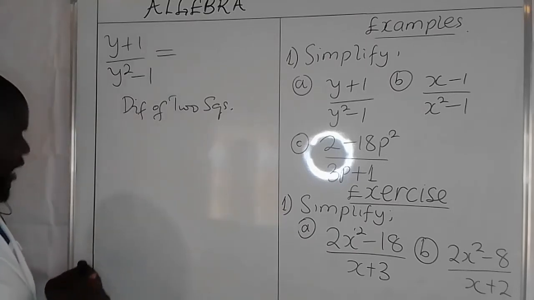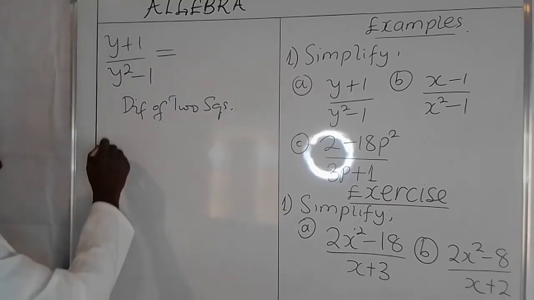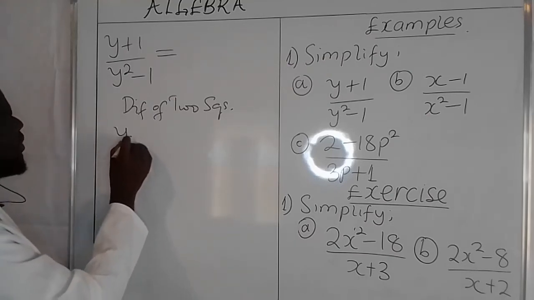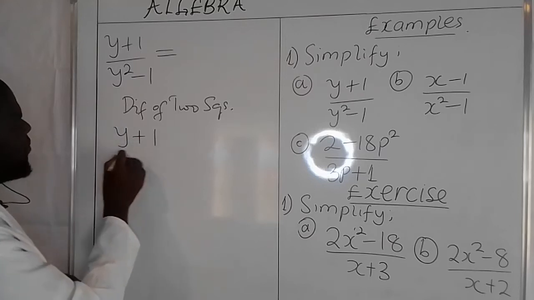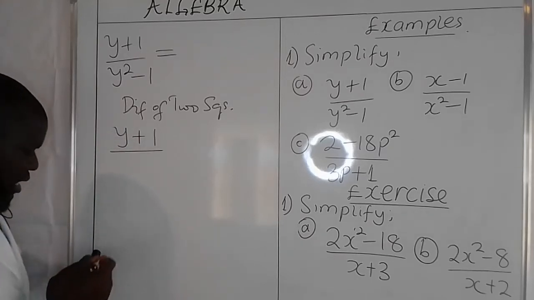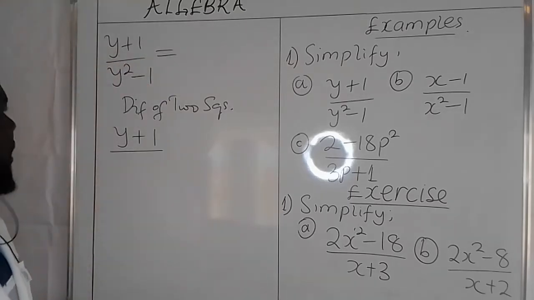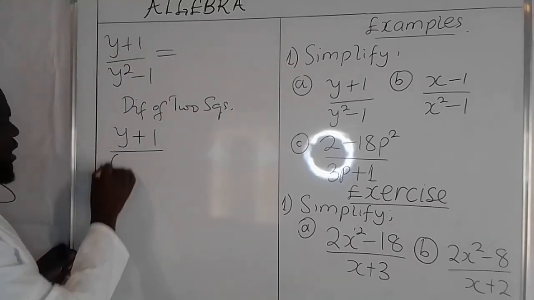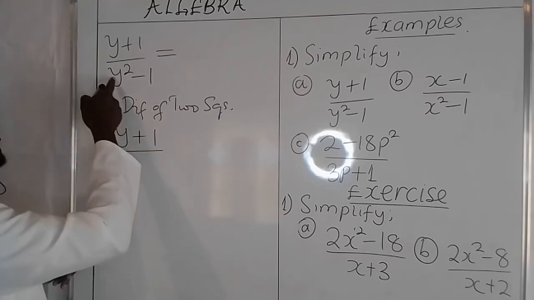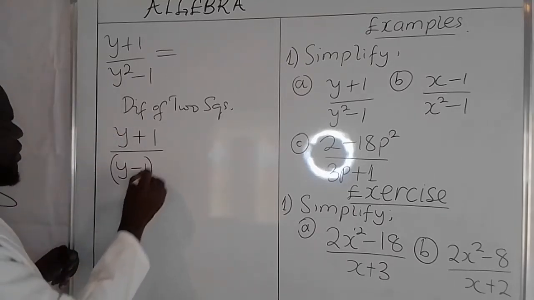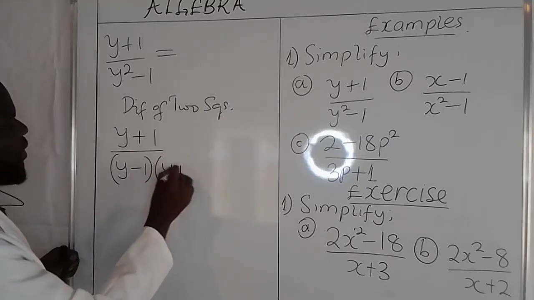So we proceed as follows. Of course, for the numerator, there is nothing that you can do. You just copy it the way it is: y plus 1 out of, now you can see this is a difference of two squares. So the way you factorize it, you say y minus 1 and y plus 1.